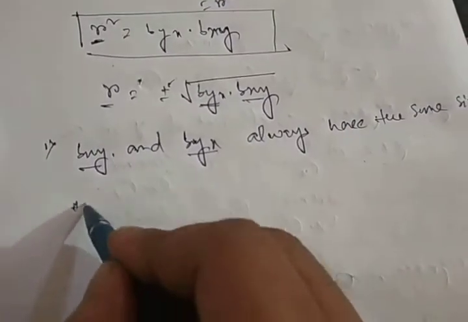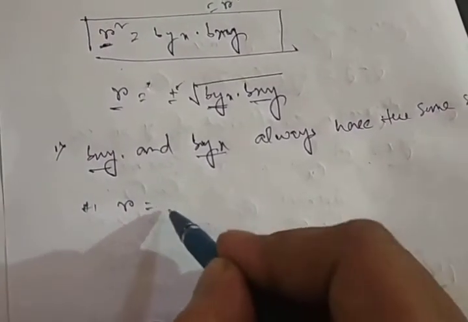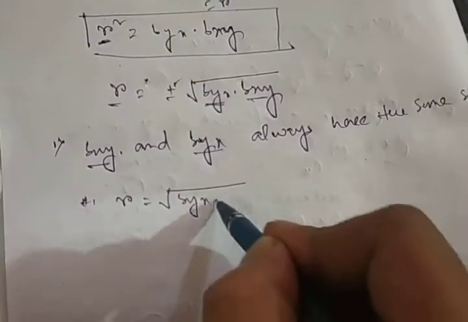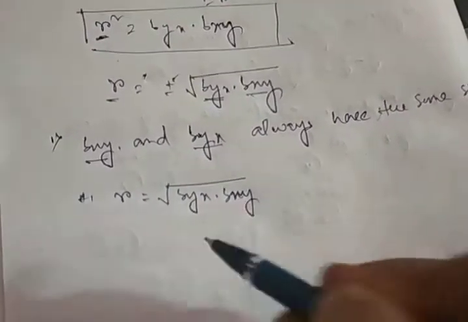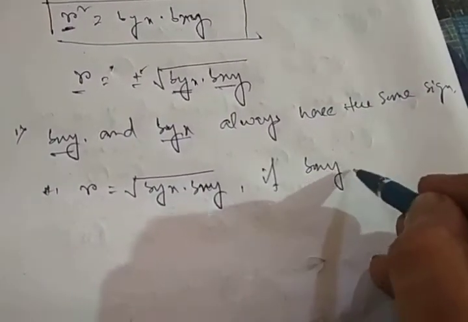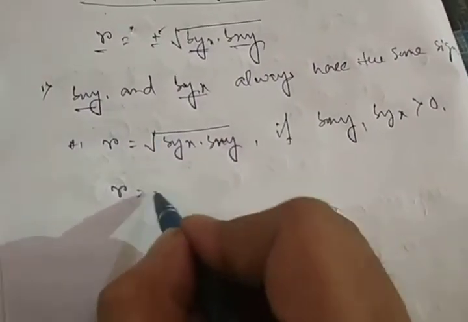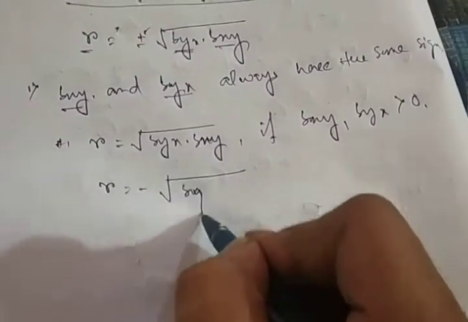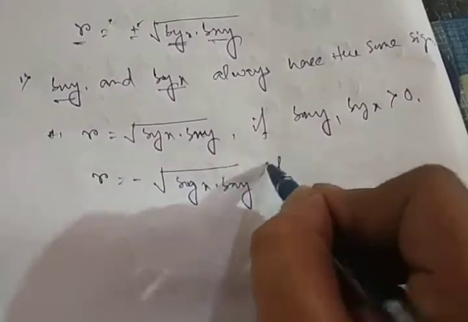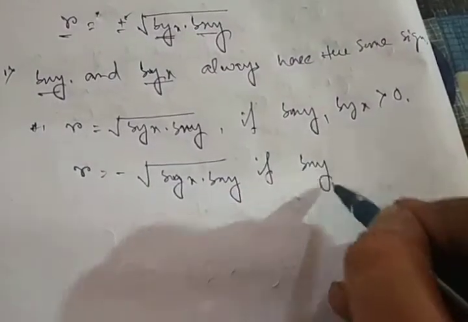So r will be positive, r equals to positive root under bxy into byx, if the two regression coefficients bxy and byx are greater than 0. r will be minus root under byx into bxy if bxy and byx are negative.